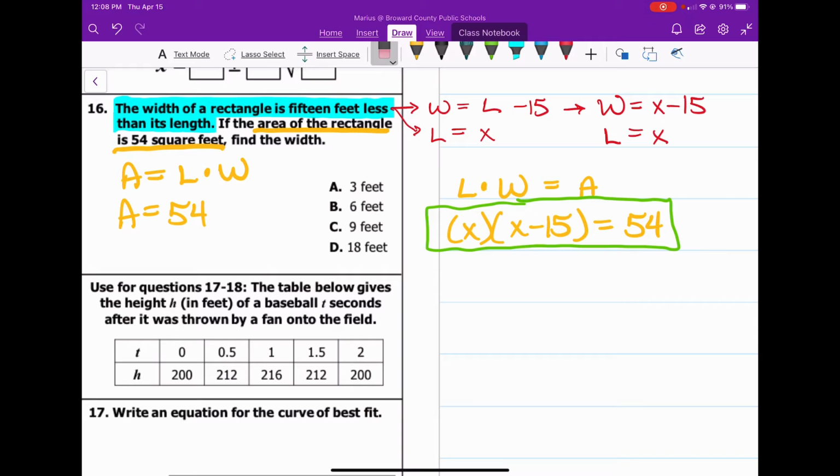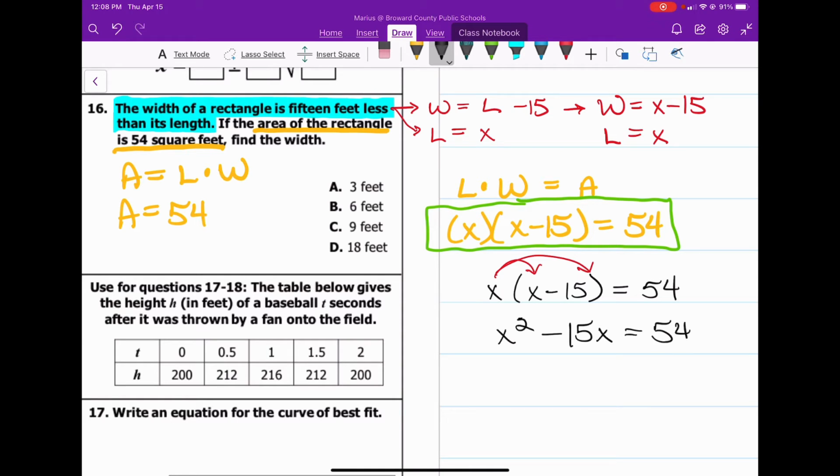I'm gonna rewrite this: X times X minus 15 equals 54. Now, if we're solving this, we distribute. X times X is X squared, X times negative 15 is negative 15X, and that equals 54.